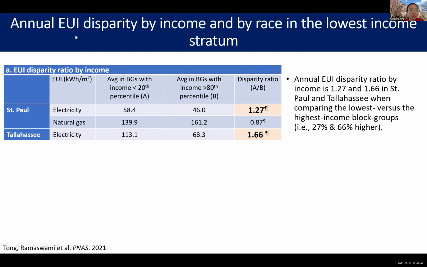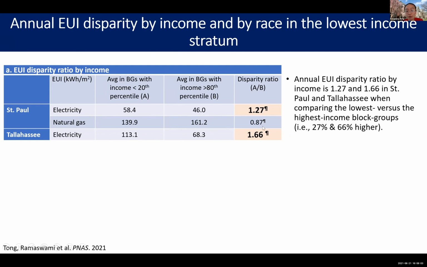So looking at annual EUI, what we're seeing here in this table is this column is the average EUI in the block groups within the lowest income quintile. And then this is the average EUI in block groups in the highest income quintile.